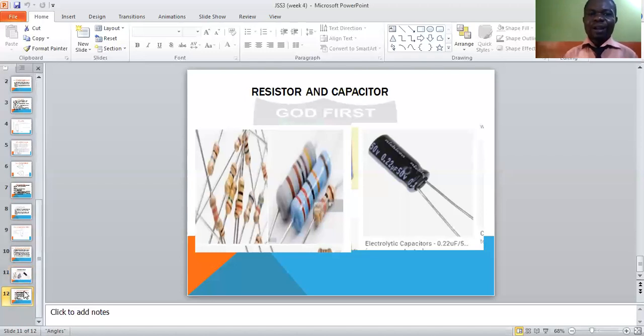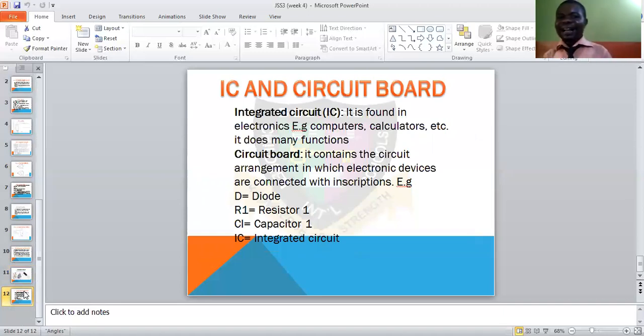Then we also need to talk about the integrated circuit and circuit board. These are the last we need to look at for your weak farm. The integrated circuit is abbreviated as IC. It is found in electronics also, like the computer or calculator. It does many functions, just like the resistor and the capacitor.